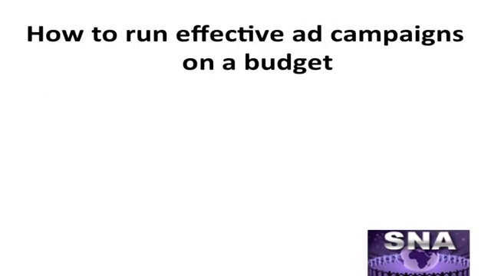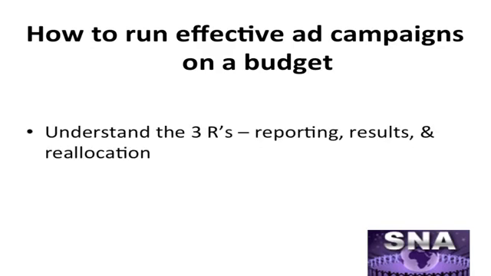Okay, how to run an effective ad campaign on a budget. It's important that you understand the 3 R's, which is reporting, results and reallocation. With Facebook, you do need to go and check your ads. I'd strongly suggest every 4 to 6 hours, especially when starting a new campaign, because it can move fairly quickly.